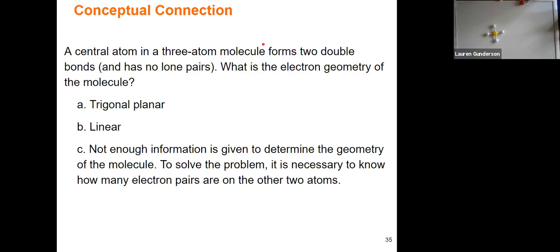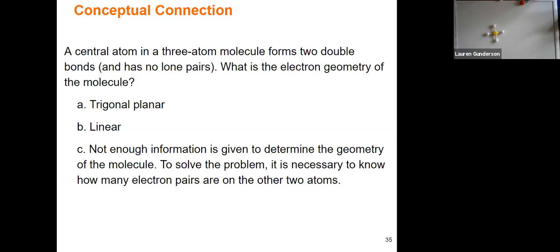Okay, so let's take a minute to look at this question. You have a central atom in a 3-atom molecule that forms 2 double bonds and has no lone pairs. What is the electron geometry of the molecule? Okay, so you have a central atom, forms 2 double bonds and has no lone pairs.